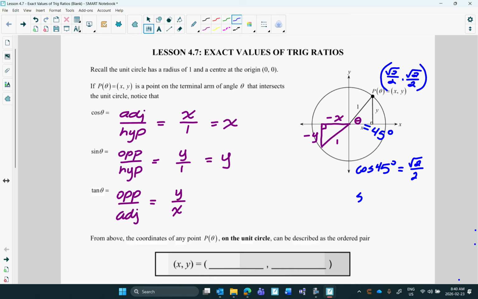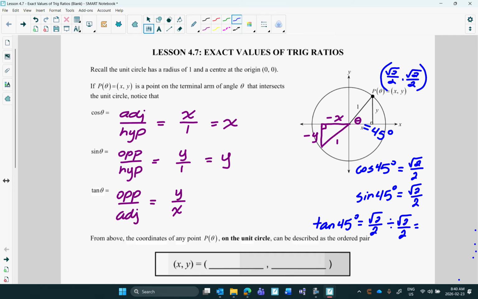What's the sine of 45? It's the y-coordinate of the corresponding point on the unit circle, which is also root 2 over 2. What's the tan of 45? Well, this we have to do some calculation. It's the y-coordinate, root 2 over 2, divided by the x-coordinate, root 2 over 2.